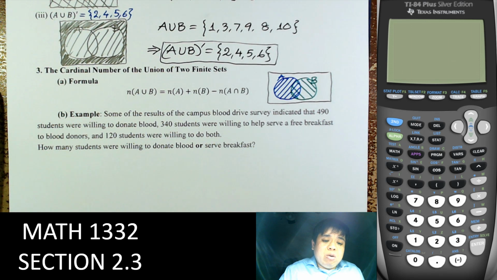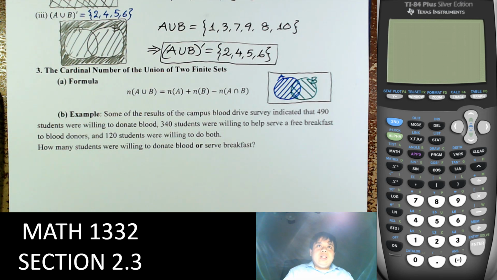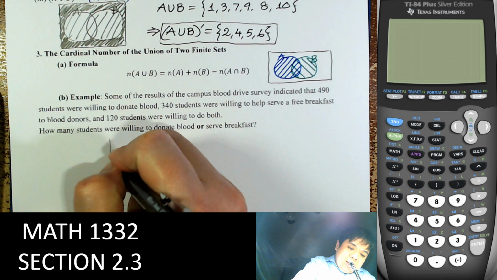Some of the Arizona campus blood drive indicate that 490 students were willing to donate blood, 340 willing to serve free breakfast, and then 120 are willing to do both. How many students are willing to donate blood or serve breakfast? Right. So we draw a Venn diagram here.